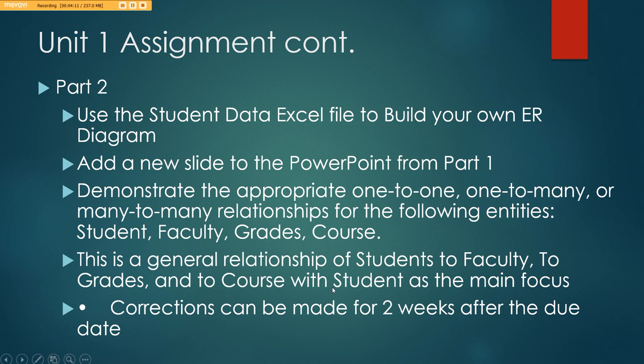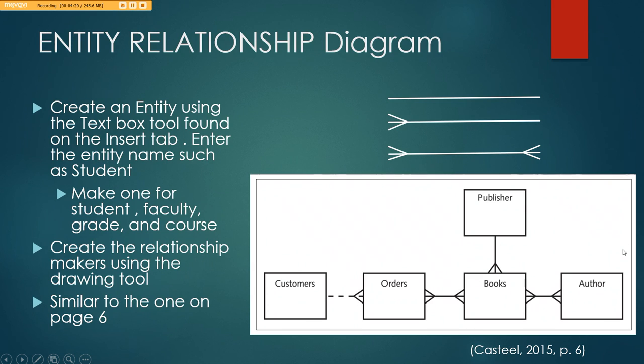And you're going to focus with student as the main focus. You can do corrections for 2 weeks after the due date. So, for instance, there is a picture on page 6 of an ER diagram, and that's basically what you're going to do.